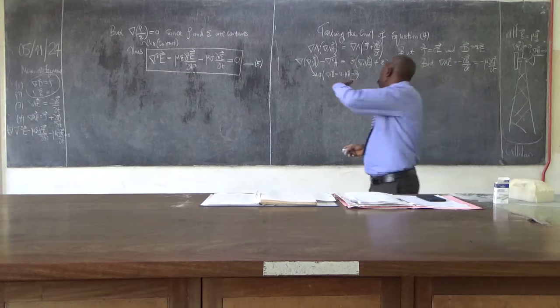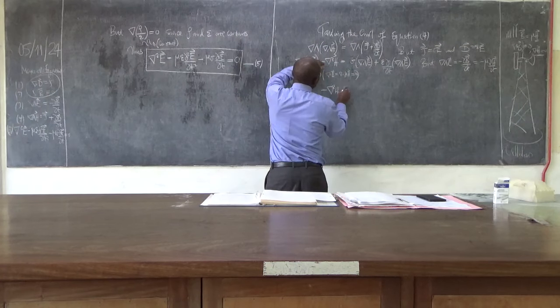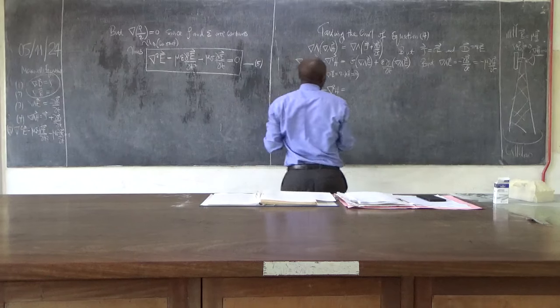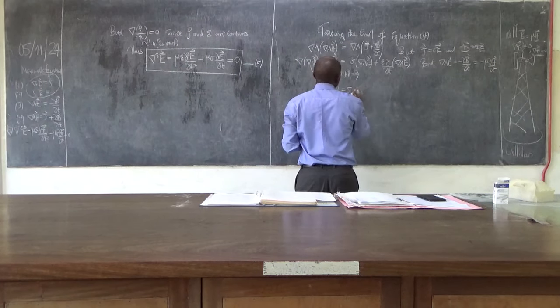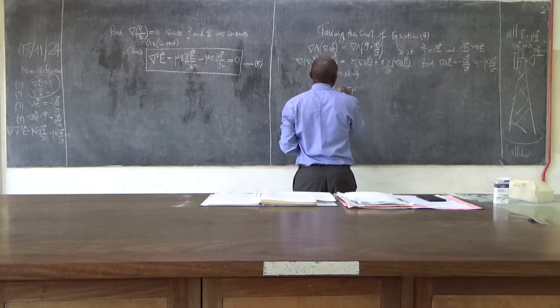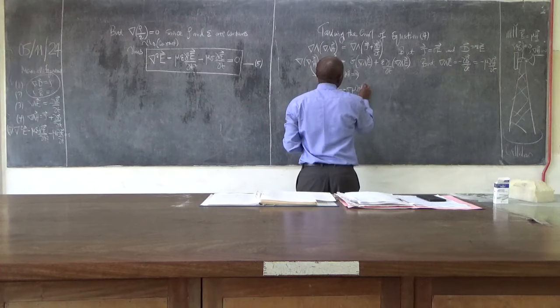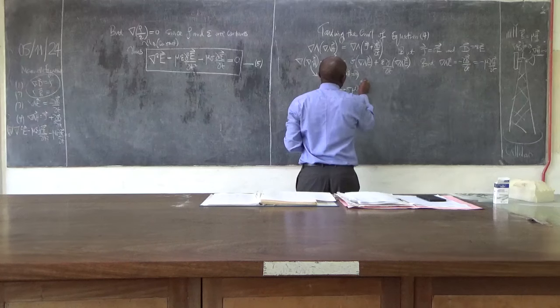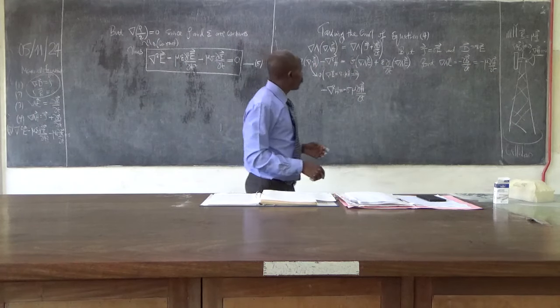So we remain with this part here: minus grad squared H equaling, this is minus, so this is mu, minus sigma mu ∂H/∂t. I'm substituting for B straight away.